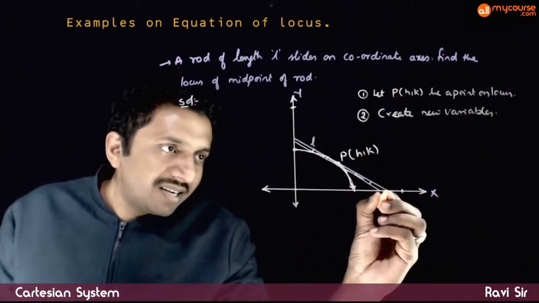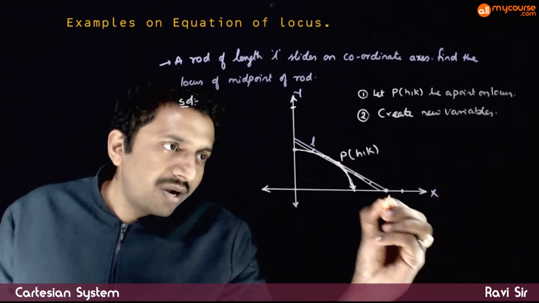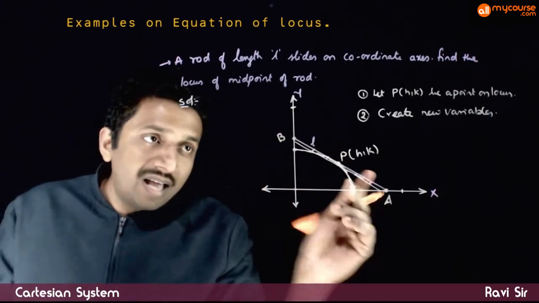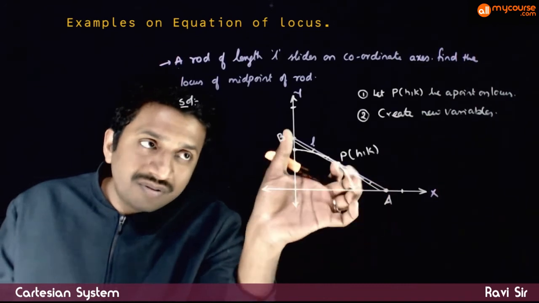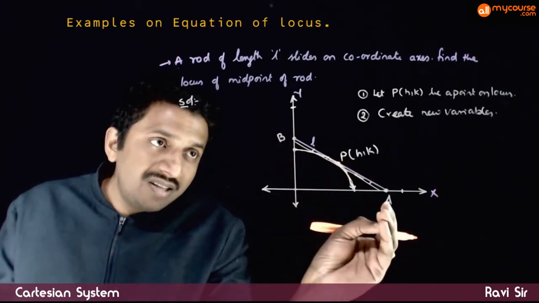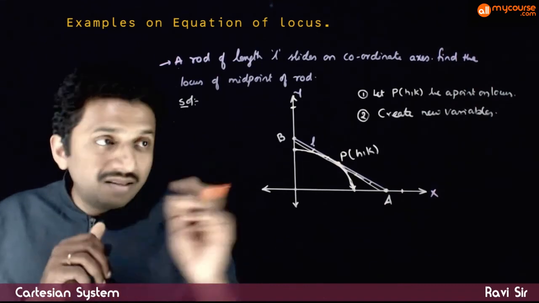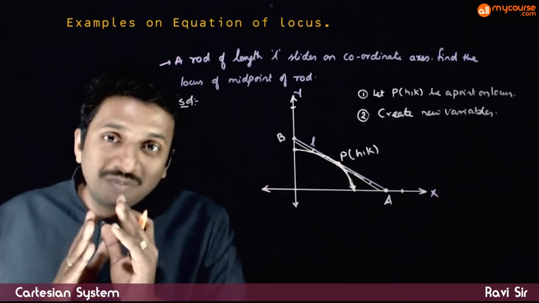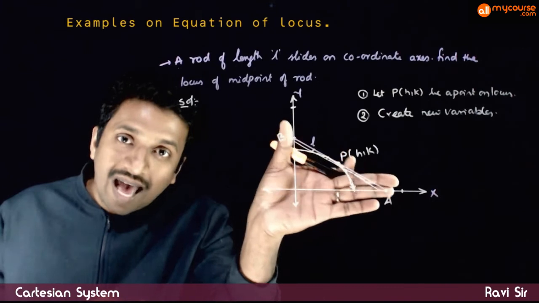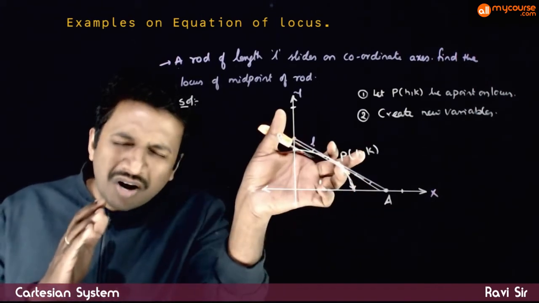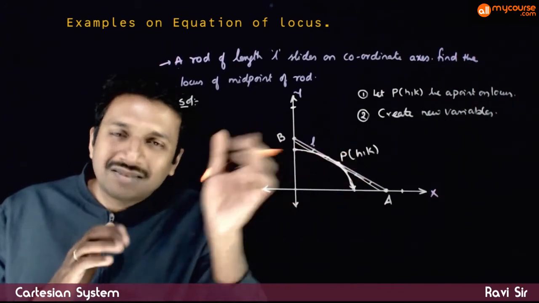Let us call this point A, this point B. And as the ladder moves, these two points A and B also move. Just imagine the animation, where this rod is sliding along the coordinate axis.